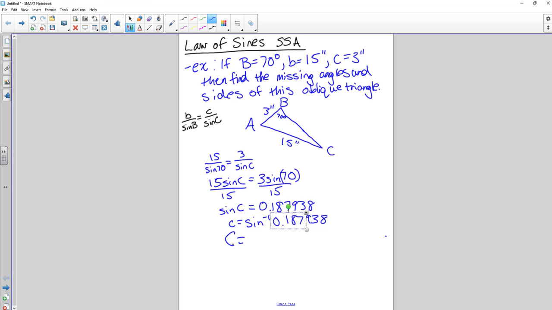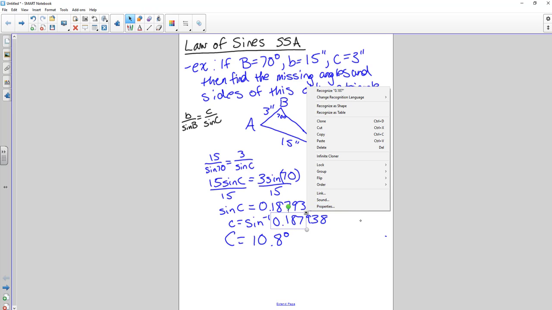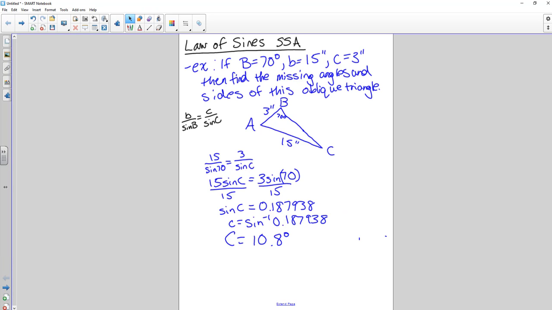Okay, so if I do sine inverse of that, I'm getting 10.8 degrees. I'll go to the nearest tenth since we're at pretty much a final answer right now. Okay, so I got angle C.